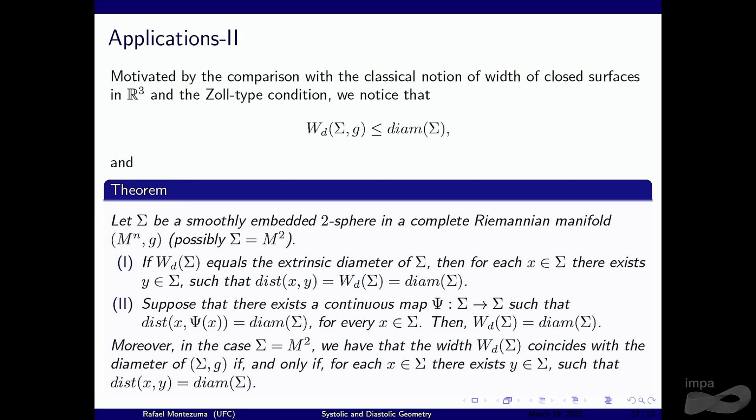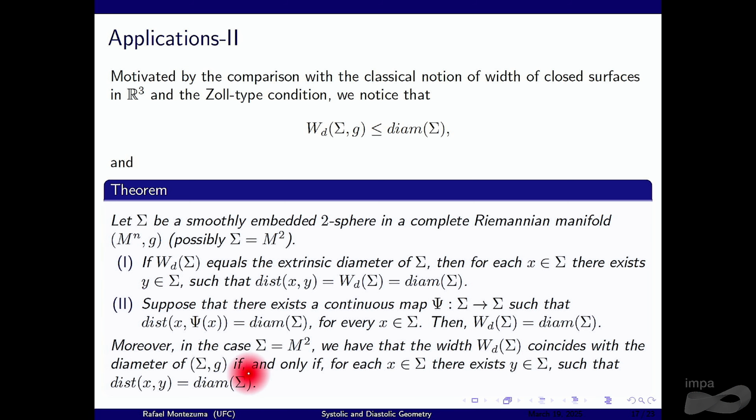It's similar to the situation that we have in the case of curves. We actually need to assume that there is a continuous map which associates to each point another point which is diametrically distant to show that equality occurs in the inequality. But this is in general for embedded spheres, and this assumption can be dropped, and you have if and only if in the intrinsic case. There's a moreover part here.